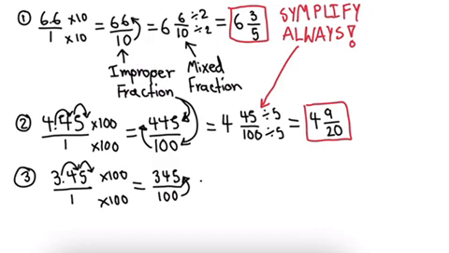So now we have to ask ourselves again, how many times 100 can fit into 345? And if we multiply 100 by 3, we would get 300. If we multiplied it by 4, we would get 400, which is over. And we don't want to go over. We just want to go under or about the same.